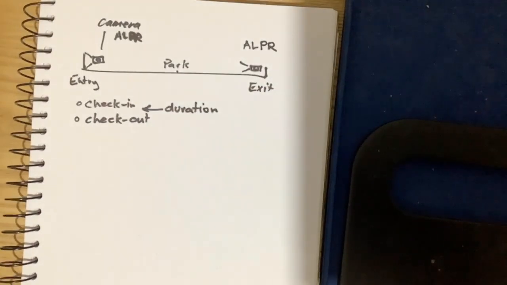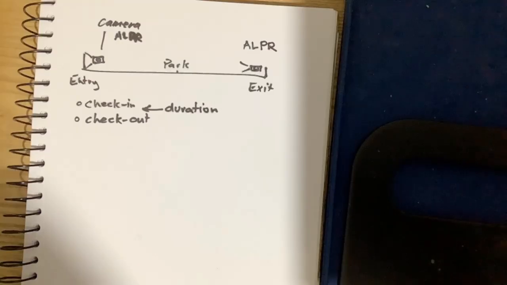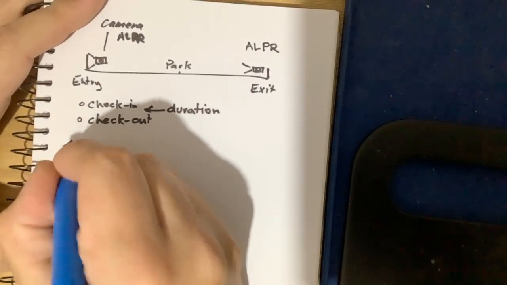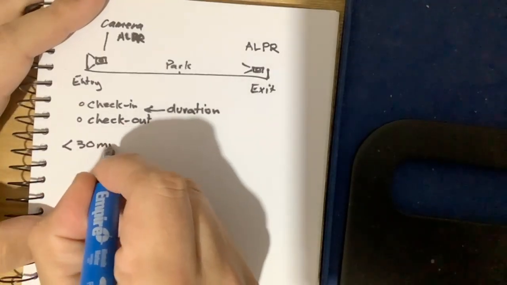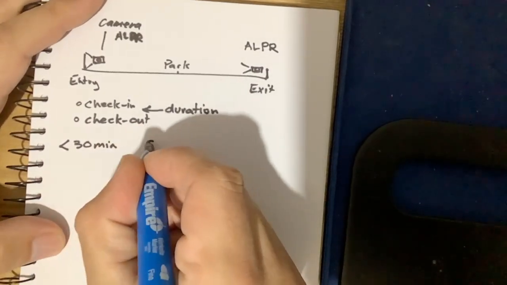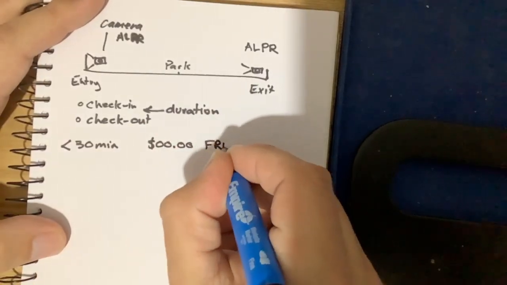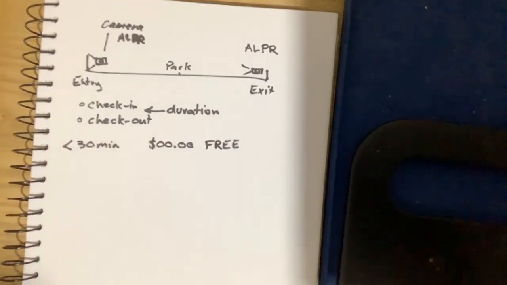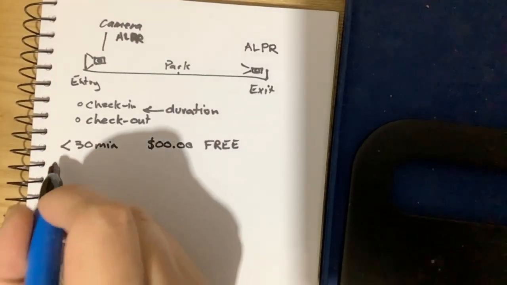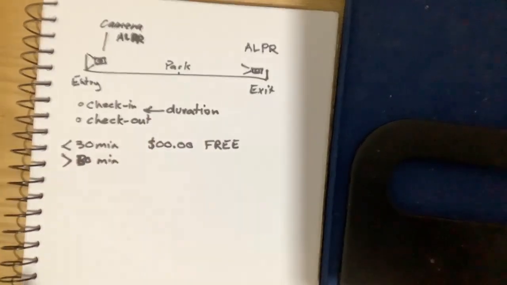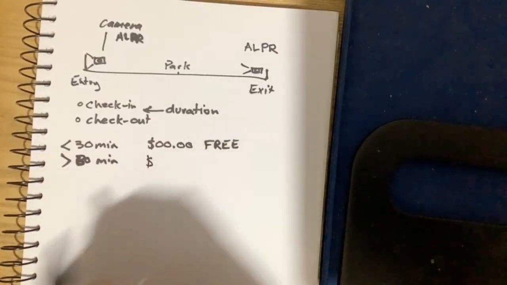And we need to charge a certain amount. At least in the car park that we're looking at, it's a tiered system. So the way it works is if you were there for 30 minutes or less, it costs you $0.00, or free. After 30 minutes, I don't know, it's a flat rate.